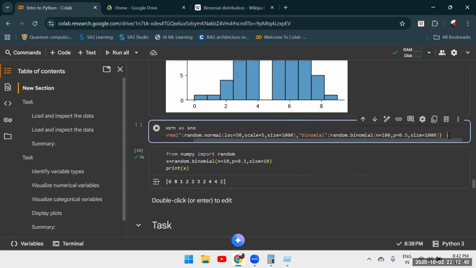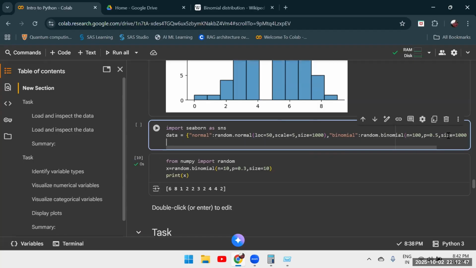For binomial also, I'm going to use random.binomial, and it will have 3 parameters. N will be the number of trials, P will be the probability, and size represents the values we are having.